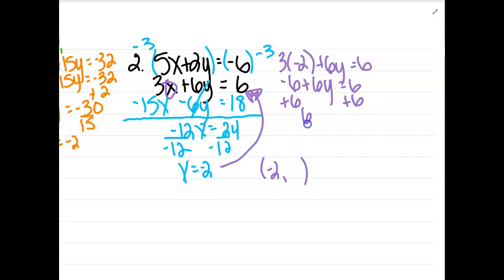Add 6 to both sides. We get 6y equals 12. Divide by 6, we get y equals 2. Okay, questions on either one of those?